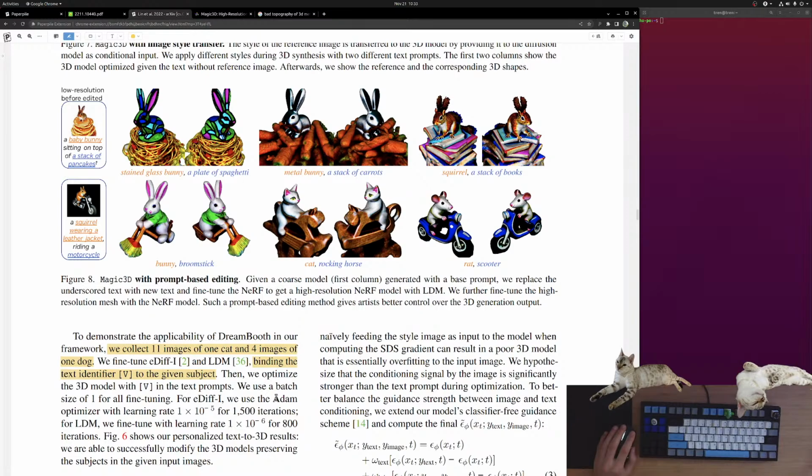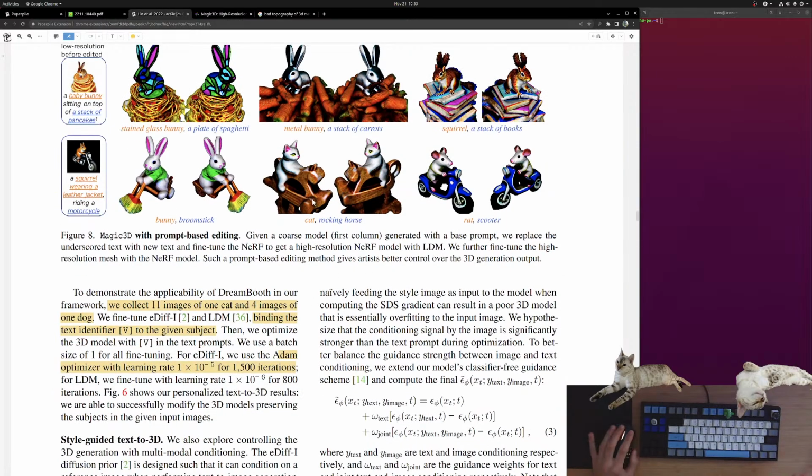Okay, they're using the Adam optimizer with a really small learning rate, right? Because you're just fine-tuning. You don't want to disrupt these weights. This is important. When you have these large models, they're always trained with learning rate scheduling. So at the very beginning, the learning rate will be something bigger, like 10 to the negative 3. And then over time, it'll drop down to something small, like 10 to the negative 5 or negative 6.